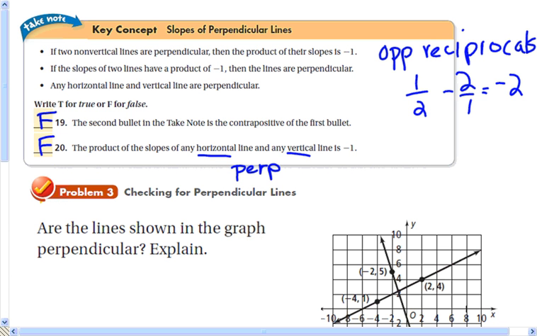All right, so to see if these lines are perpendicular in the graph, we're going to use the concepts above. We're going to find the slopes and make sure their product is equal to -1.